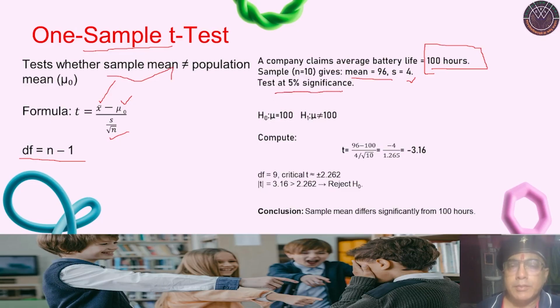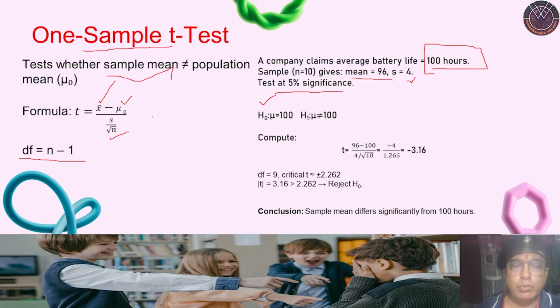So at 5% significance level, what is the null hypothesis? Mu equal to 100, or mu not equal to 100, meaning whatever average you have got, 96, is it equal to the benchmark 100?